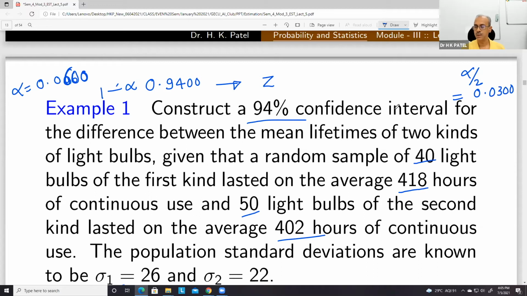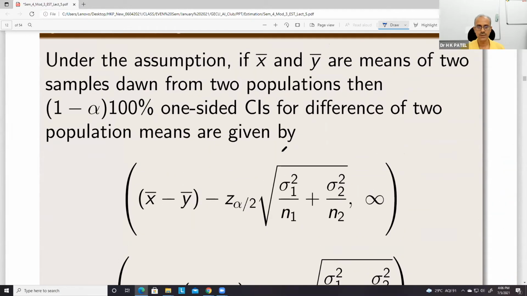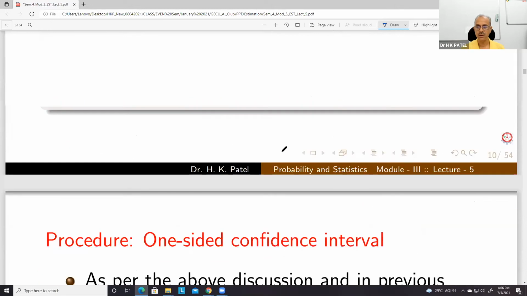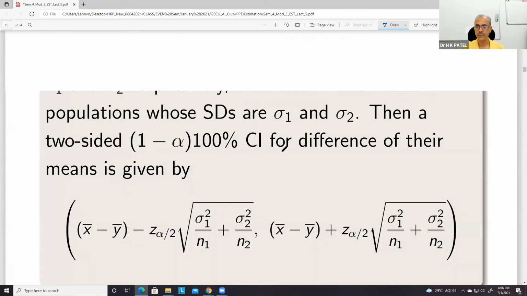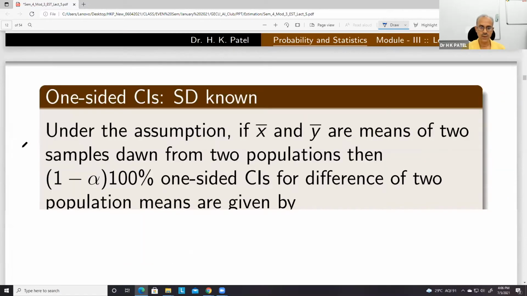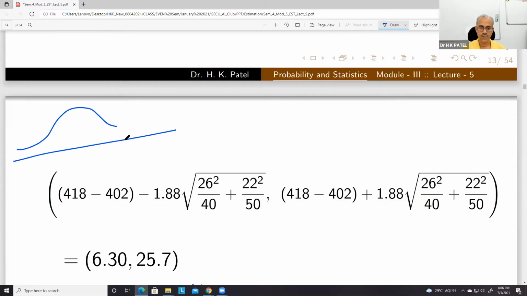So what we want is the area 0.0300 to the right of z alpha by 2. This area, this is z alpha by 2.